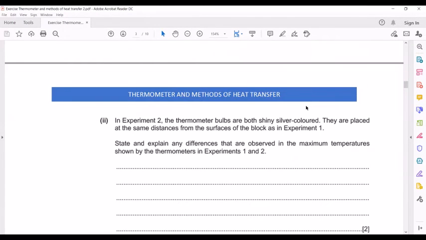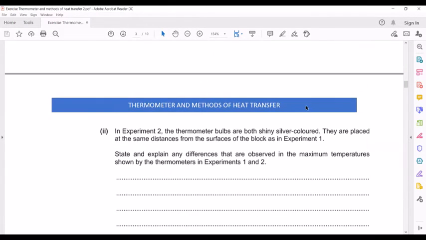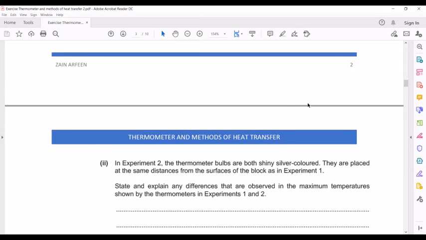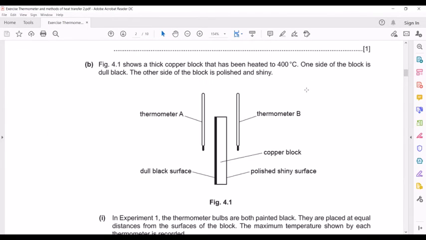They are placed at some distance from a surface. State and explain the difference. What will be the difference? In the beginning it was black, but now I made it shiny. Shiny surfaces are good reflectors, so they will not absorb too much energy. As they do not absorb too much energy, they will show a smaller or slower change in temperature.